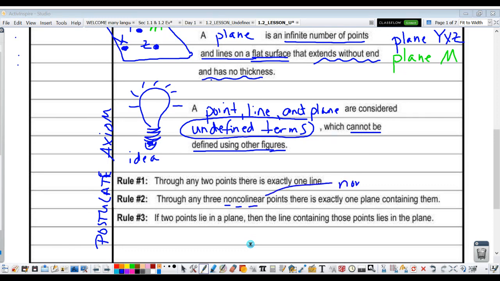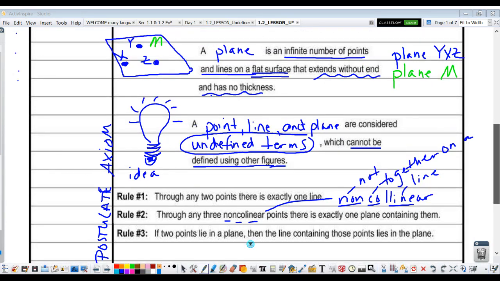So non means not, co means together, and linear, I spy the word line in there. So not together on a line. So through any 3 points that are not together on a line, there is exactly 1 plane containing them.